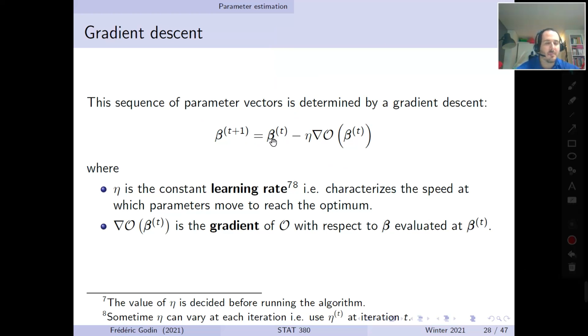By having parameters go in the opposite direction of the gradient, hopefully, if eta is not too large, the objective function should decrease.